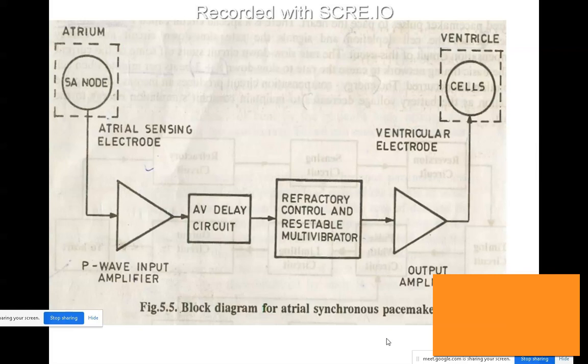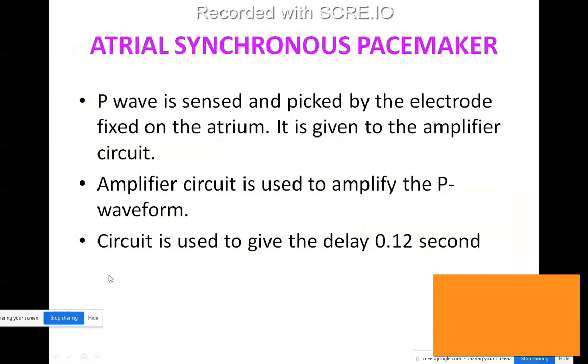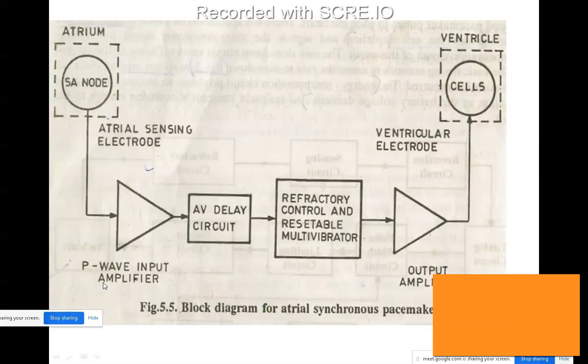So this is the sinus atrial node. The electrode placed at the atrium will sense the waveform or pulse, and then it is given to the P wave input amplifier, where it is amplified or boosted, and then given to the delay circuit for giving a delay of 0.12 second, and then given to the refractory control and resettable multivibrator.